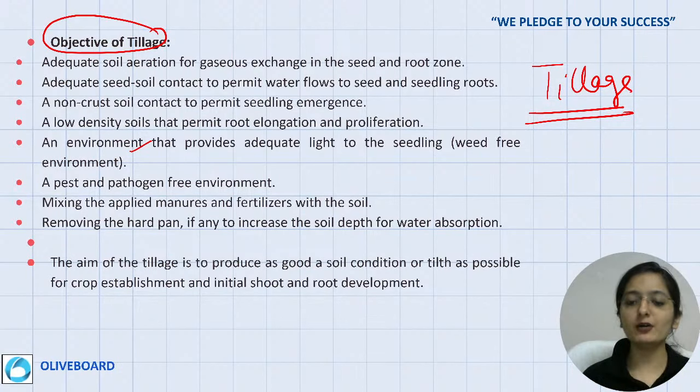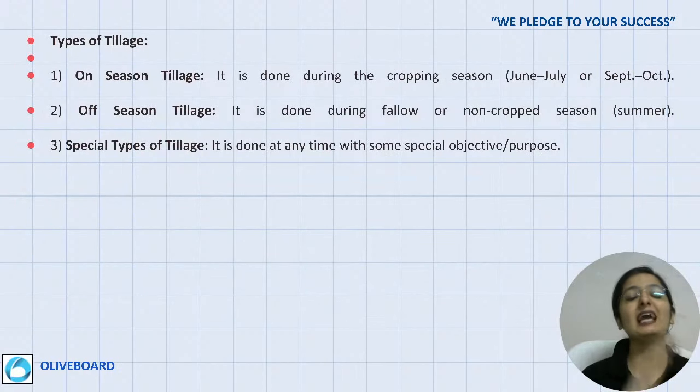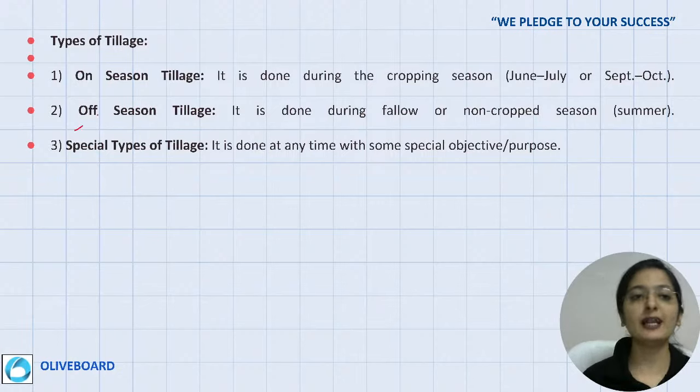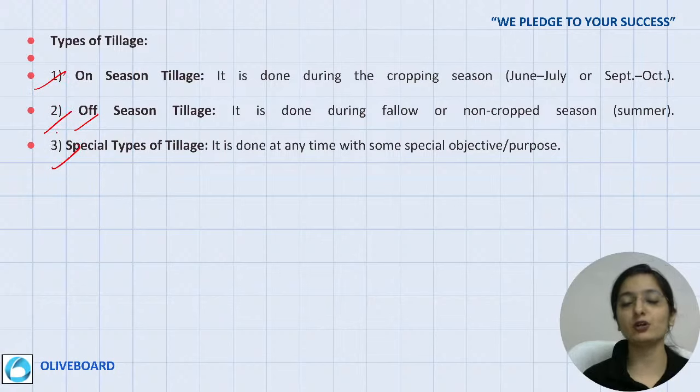If I talk about the types of tillage now, we have different kinds: on season tillage, off season tillage, and special types of tillage, right? So here we have three types of tillage. I'll talk about it in brief now.